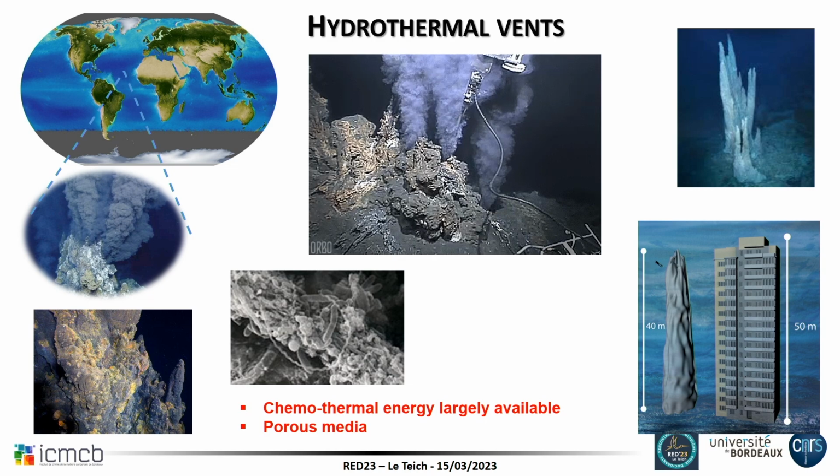So they look like this. This is a movie of what you see when you go down there. These chimneys are formed from the precipitation of iron, manganese and magnesium-rich fluid coming out here, that precipitates with sulfur to form generally a sulfide structure.